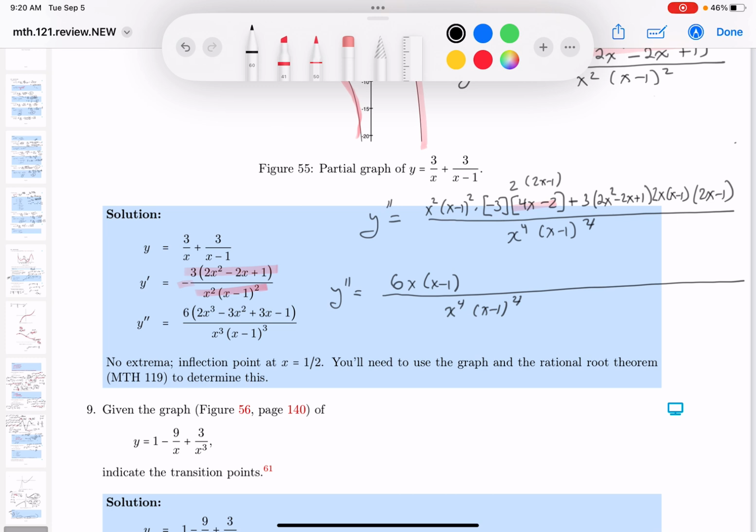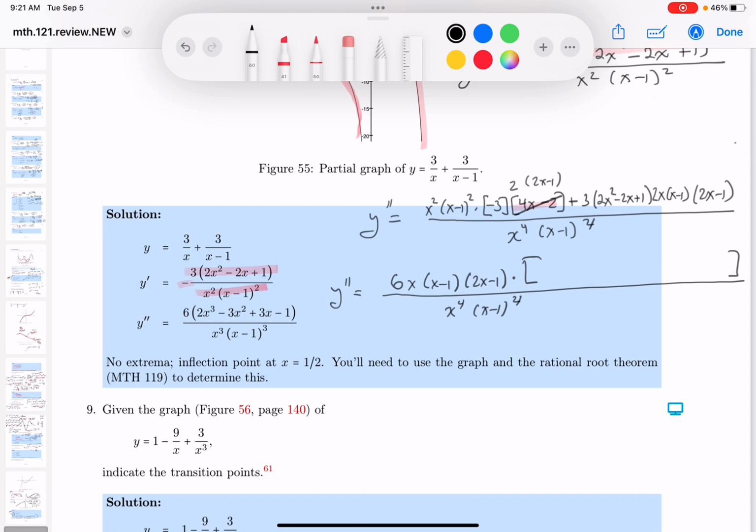Right, I'm seeing an x minus 1, and I'm seeing the number 6. Let me cross this out over here, because I wrote down 2 times 2x minus 1. I also see a 2x minus 1. And I think that's about all I see there. And it's tough. There's no doubt about it.